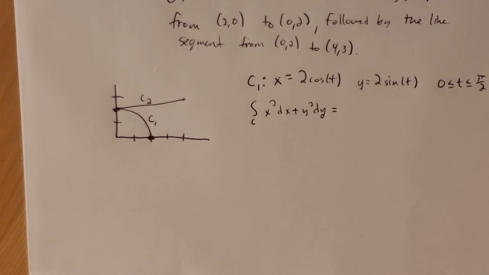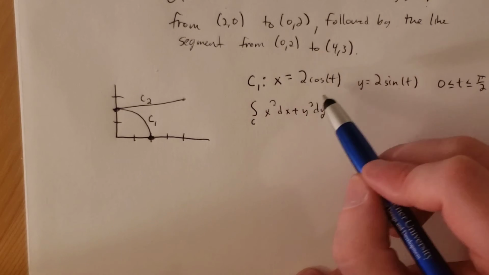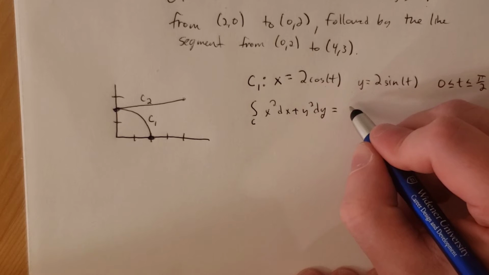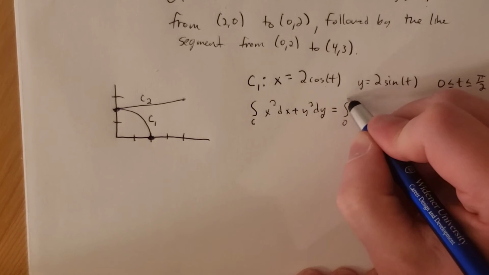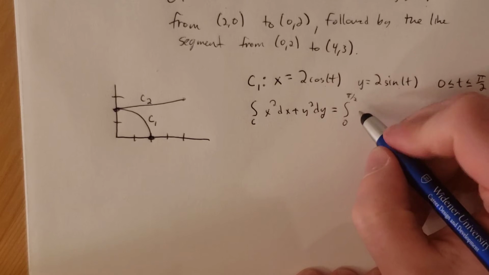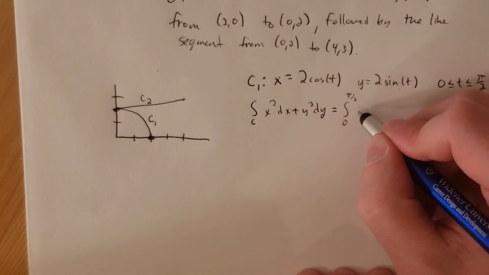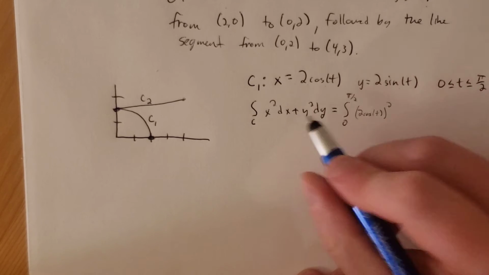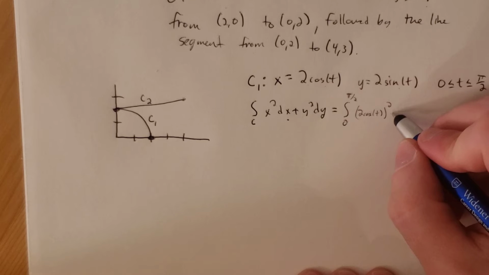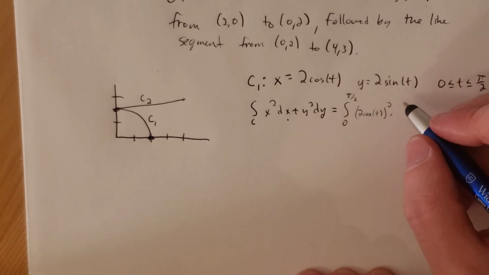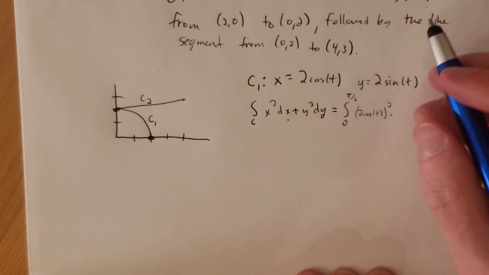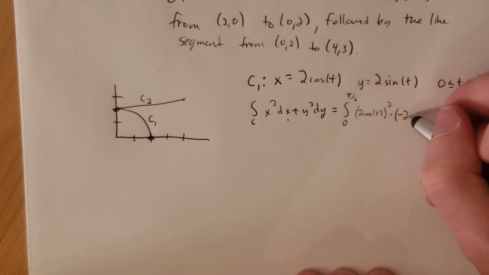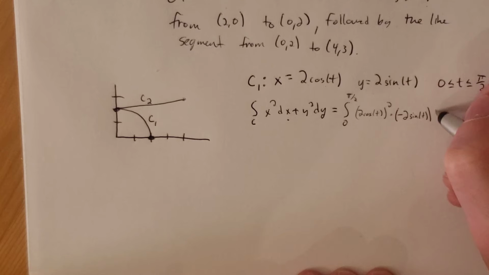This integral is the integral from 0 to pi over 2 of x squared, so that is 2 cosine of t quantity squared, times dx, which is x prime dt. What is the derivative of x? That is negative 2 sine of t dt. And of course, we add this to the next piece.